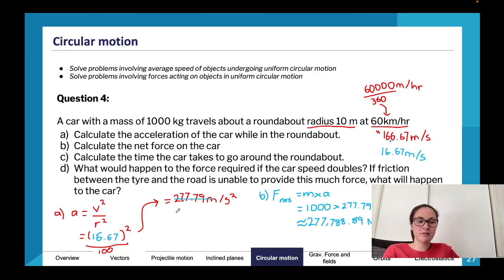So that's actually going to be 2.77, but it's actually going to be 2.78 by the time we round. Meters per second squared. I'll change the thing over here, and then our answer's going to change down here as well.